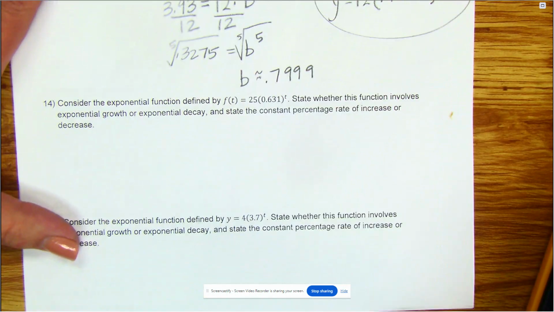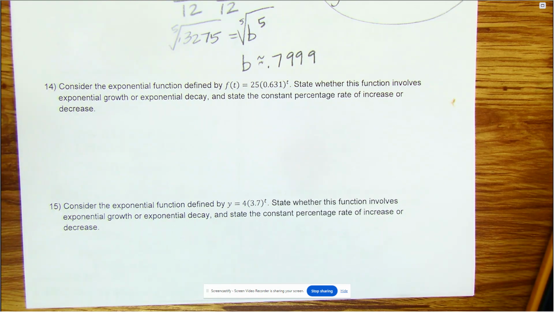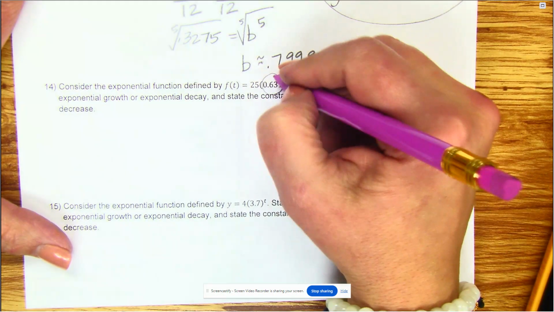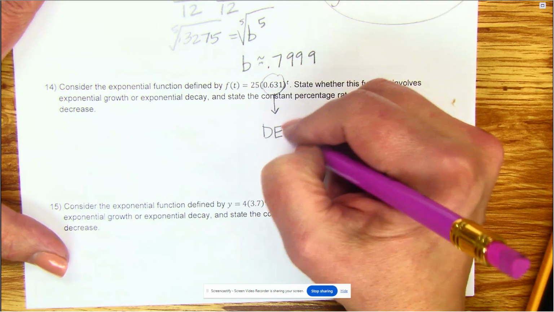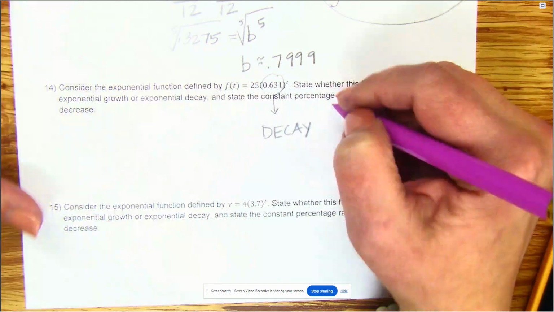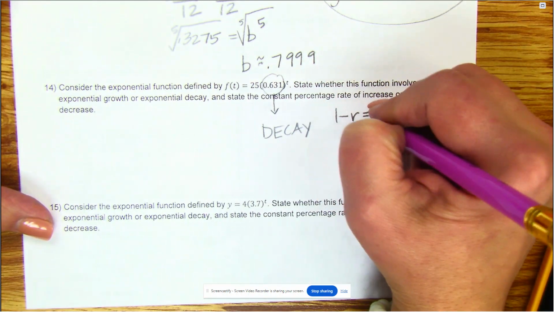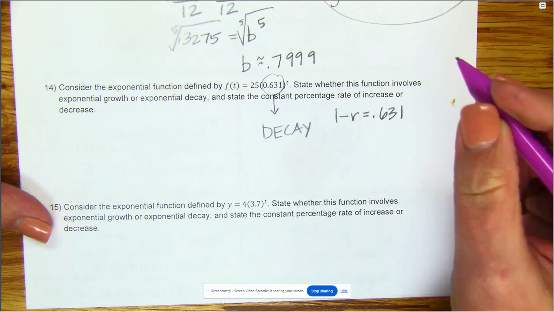Consider the exponential function defined by 25 times 0.631 to the t. State whether this involves growth or decay. State the constant percentage rate of increase or decrease. If the base is between 0 and 1, it's decay. Right? And it's not that. 1 minus something made 0.631. So you're going to go backwards.